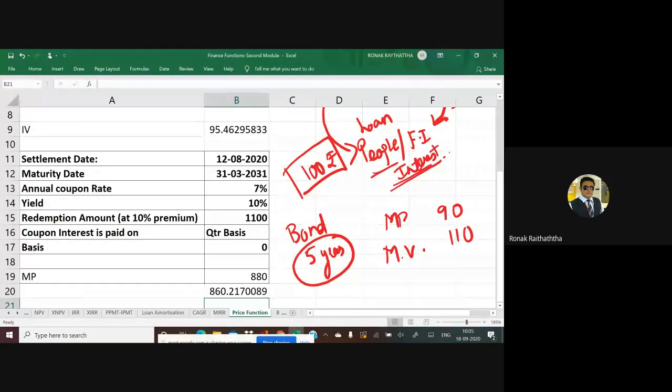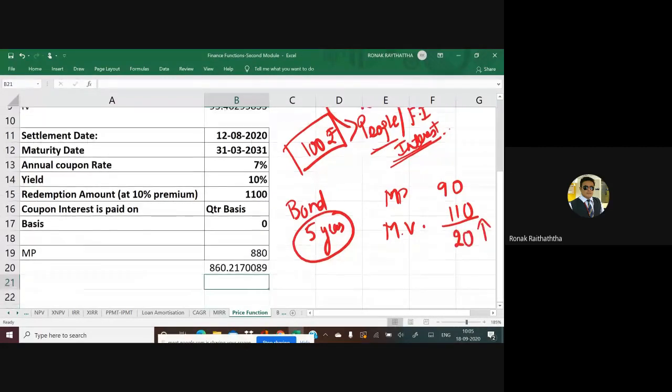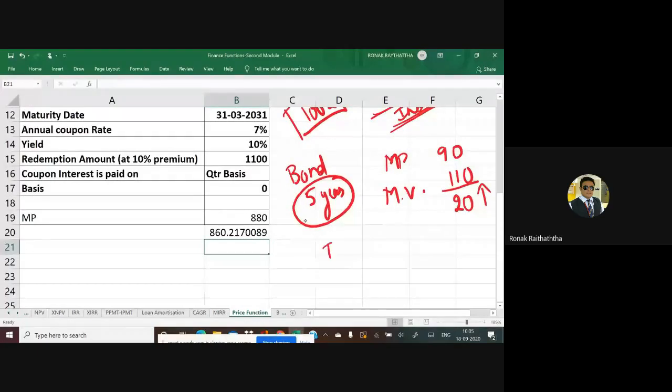So you are earning this 20 rupees as well. My point is this: it is not only the interest which you are receiving, it is interest plus change in price. That is the exact return you are getting.